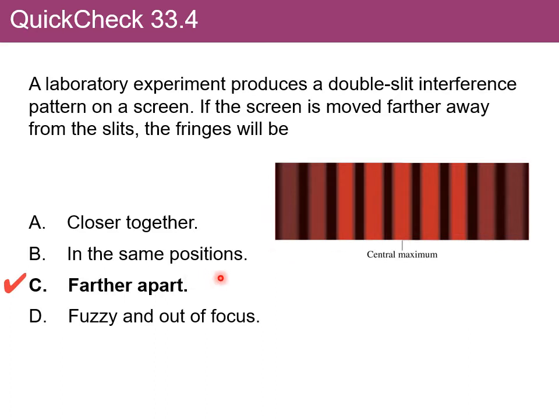The answer is that the adjacent bright fringes will be farther apart after moving the viewing screen farther away. Recall that the location of the mth bright fringe on the viewing screen is m times lambda times L over d. The locations are proportional to the distance between the double slit screen and the viewing screen.